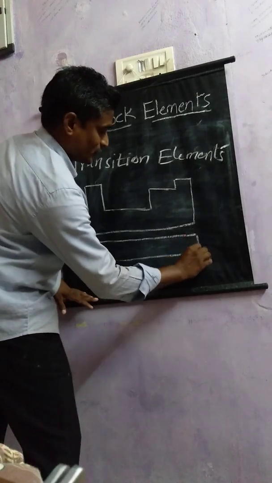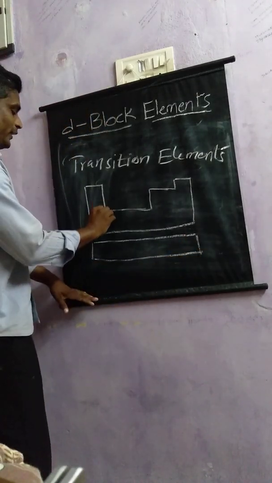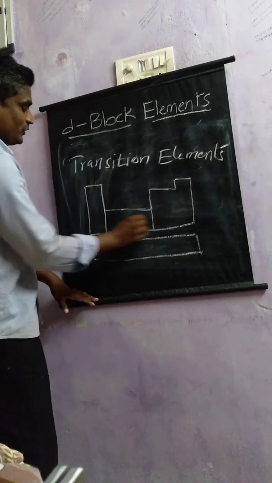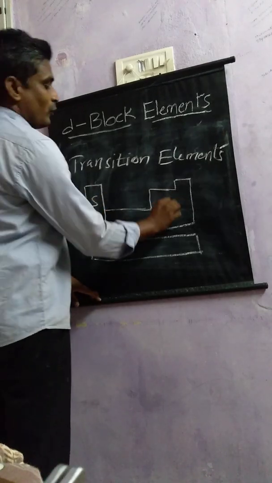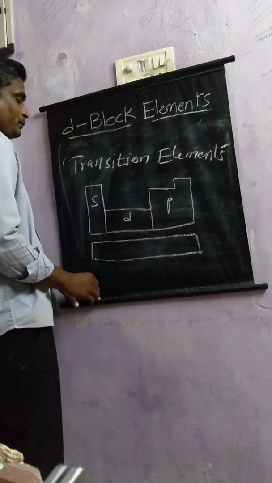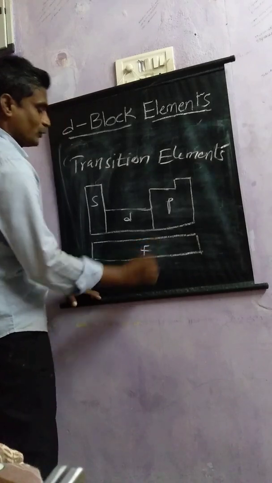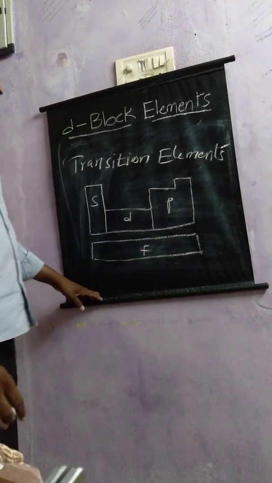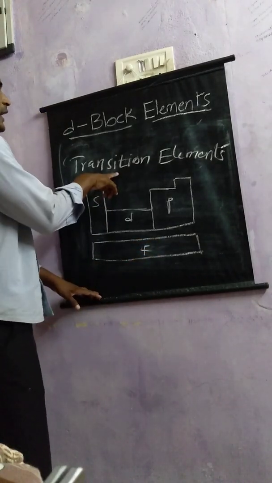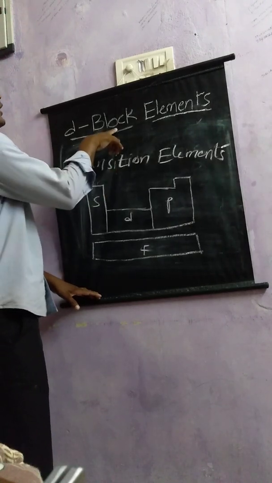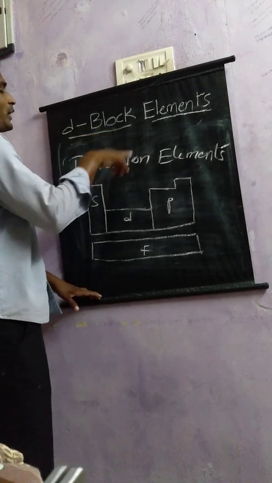This is the block diagram of the entire periodic table, and it is classified into 4 blocks: S, P, D and F. That we all know. Coming to transition elements, why are D block elements called transition elements?